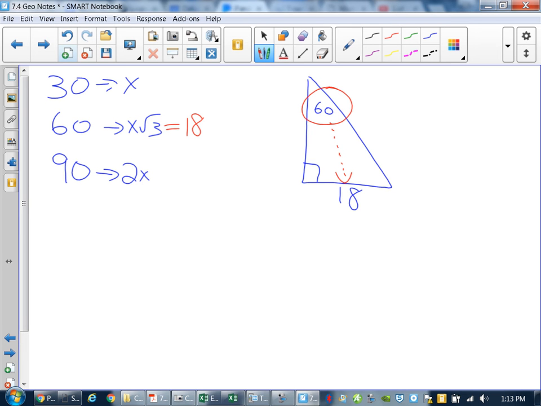X times the square root of 3 equals something. How do you undo times? Divide. Take 18 divided by the square root of 3. And that's going to give you your value of x. 6 root 3, very good.